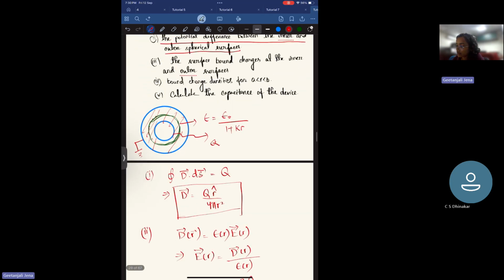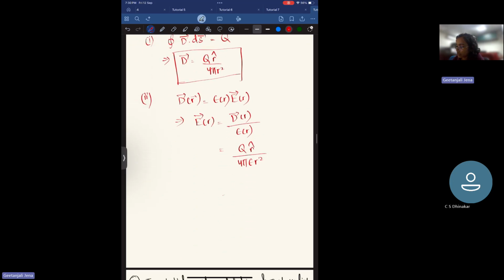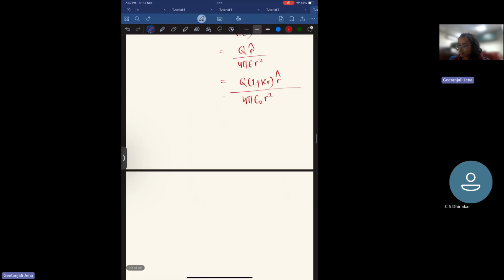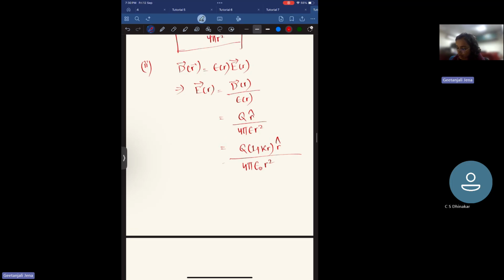Epsilon is given, epsilon naught (1 plus kr). You can put it here, so E is Q by 4 pi epsilon naught (1 plus kr) r square. This is the electric field. Now for the potential, you have to take the integration of the electric field in the region.